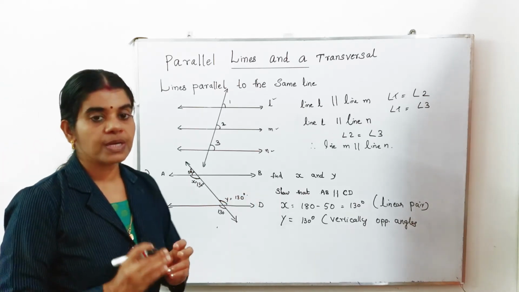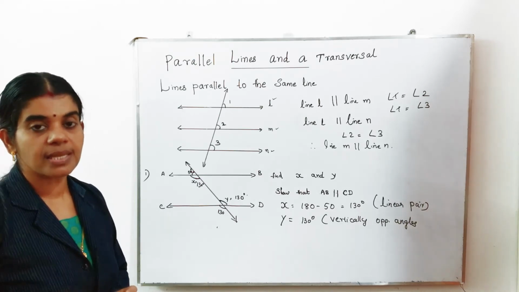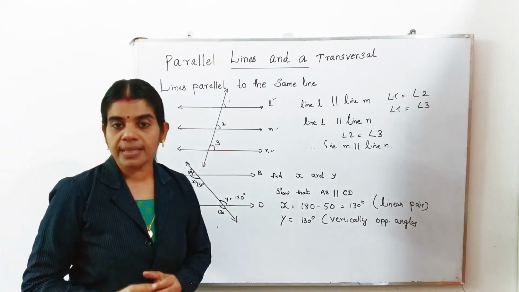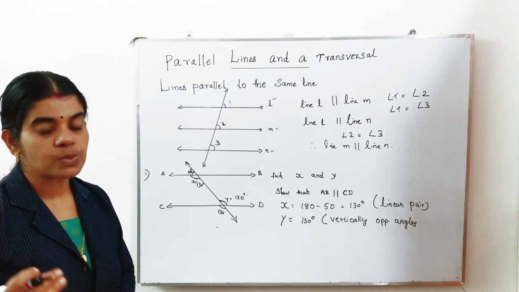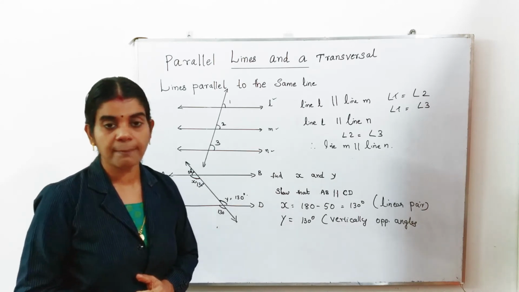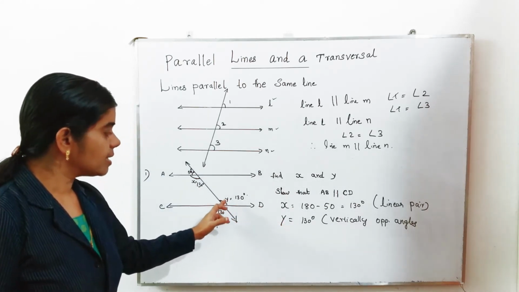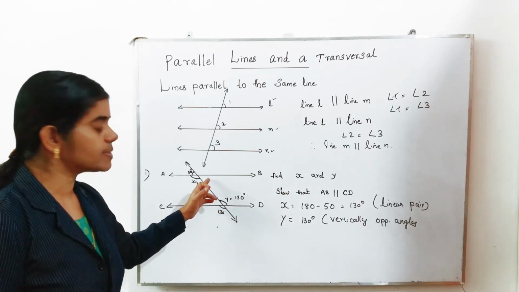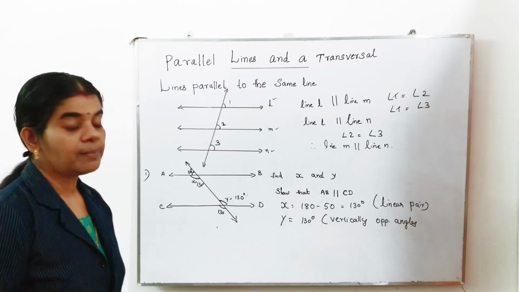Then, if one pair of alternate interior angles or one pair of alternate exterior angles are equal, you can say that two lines are parallel. Or if the co-interior angle sum is 180 degrees, then also those two lines will be parallel. Here I used alternate interior angles. In some cases we can use corresponding angles also. You can find that also, it is possible.